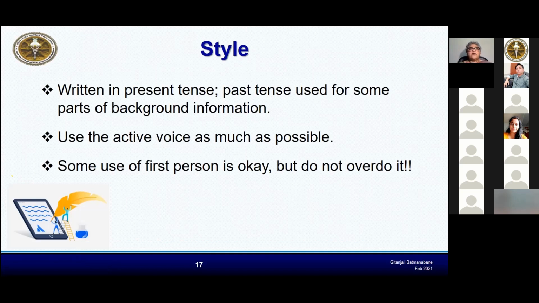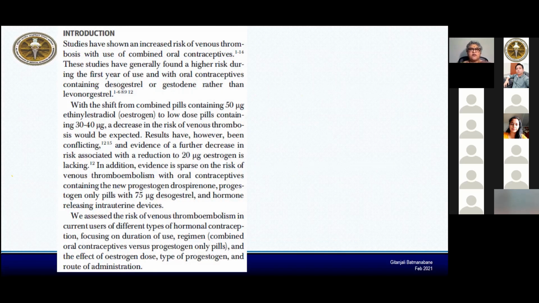So I have taken an introduction from a very small paper. This is a very short paper. And you can see in this, there are three parts to this introduction. Okay, this is not a thesis. This is from a journal paper. But if you look at this, it says studies have shown an increased risk of venous thrombosis with the use of combined oral contraceptives.